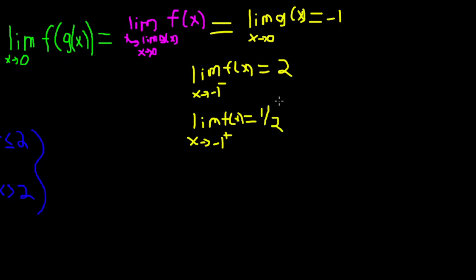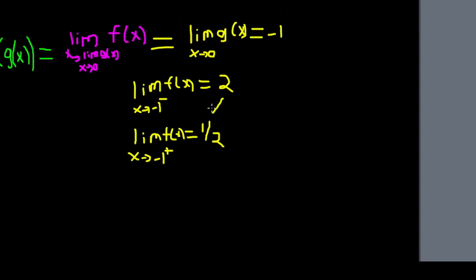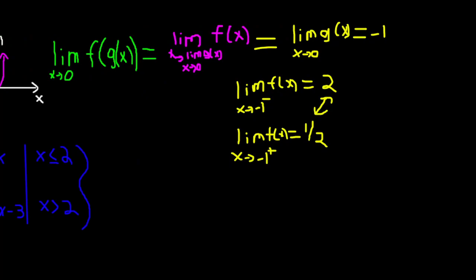So since these don't match each other, this limit doesn't exist. So we're done. We are done, so this limit does not exist. And I'll just write not equal right there.